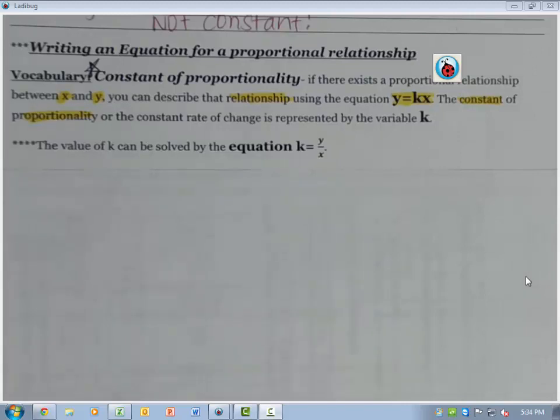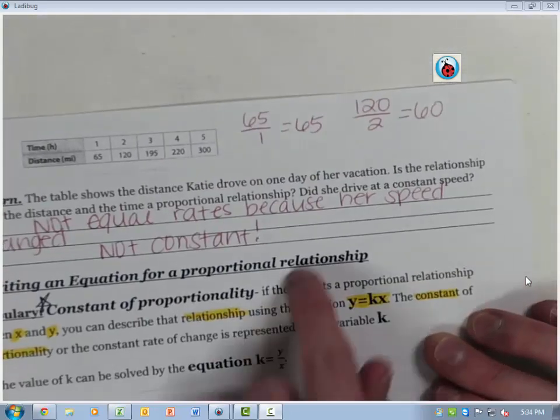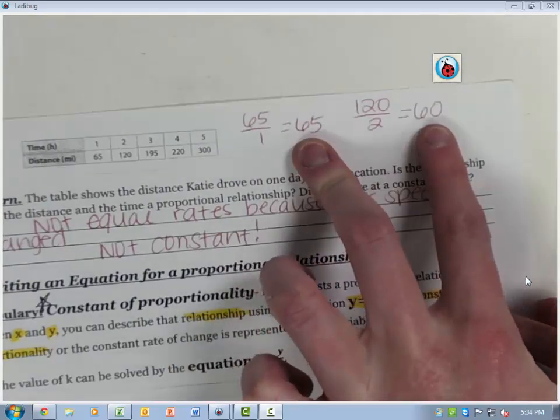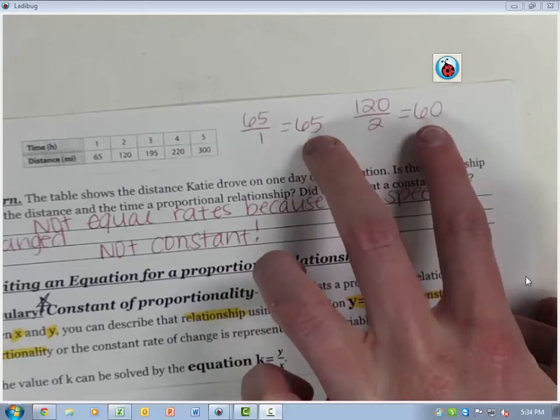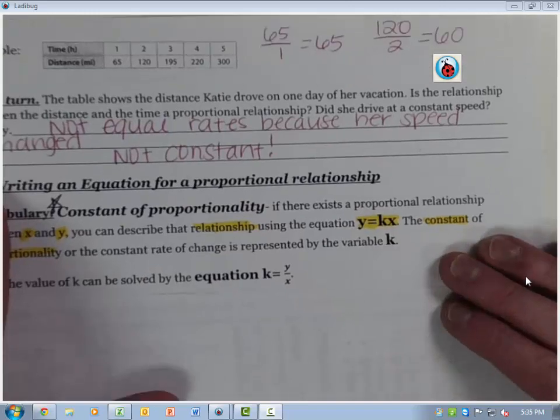When you divide those ratios to find that constant number, that's called a constant of proportionality. So that's exactly what up here would be if we got the same number, which we didn't, so this is non-proportional, but if it was 60 and 60, that would be your constant of proportionality.